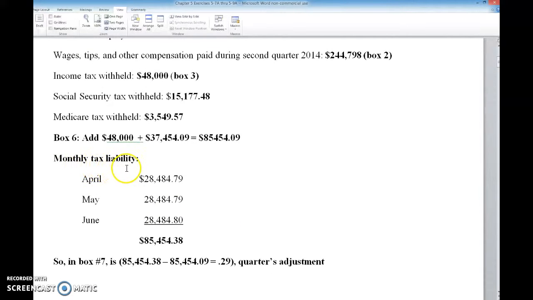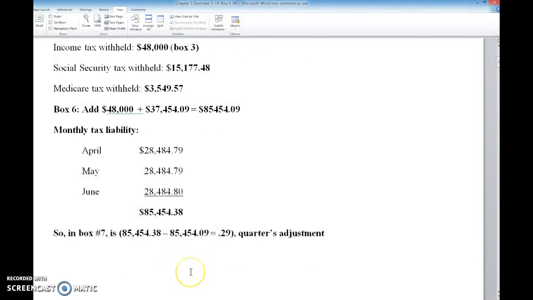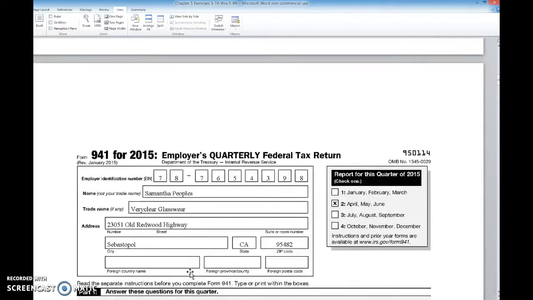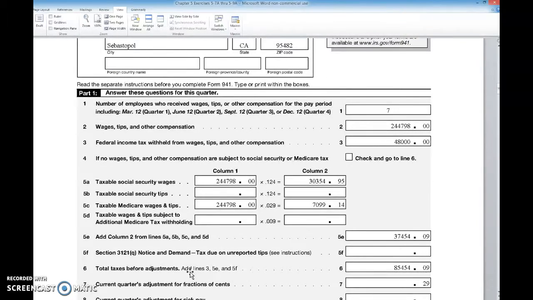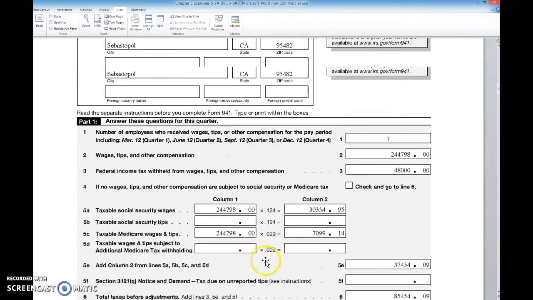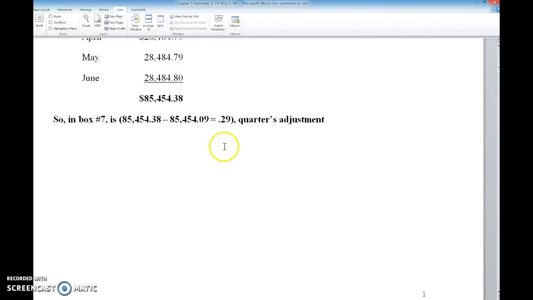They give us the total tax liability that the employer has paid for April, May, and June. The employer's tax liability is $85,454.38. What we need to do is take the employer's tax liability and subtract the tax liability that we got on the form here on line 6, and that's where that 29-cent quarter adjustment comes into play.